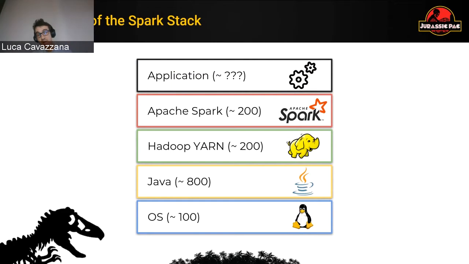Then also, if we want to dig into the lower layers of the stack, we can get to the underlying Java virtual machine or the operating system level, where probably most of the people here are really familiar with all the complexities of fine-tuning those levels.